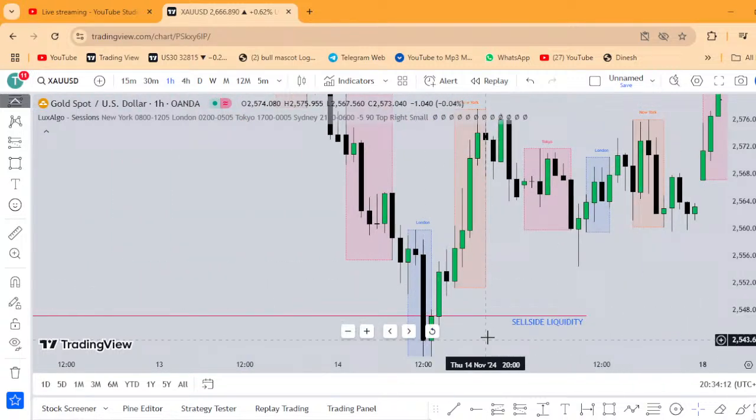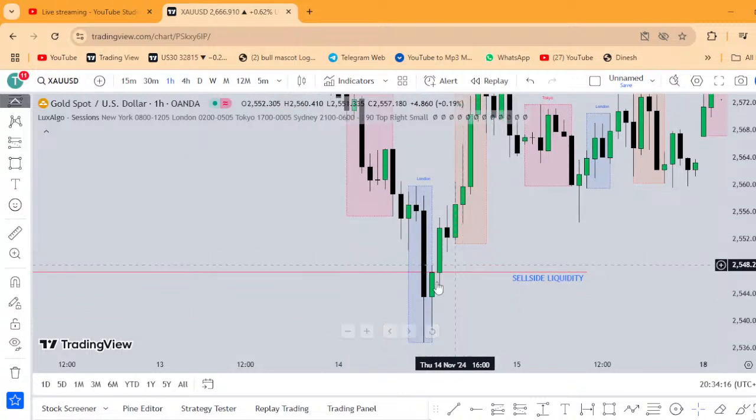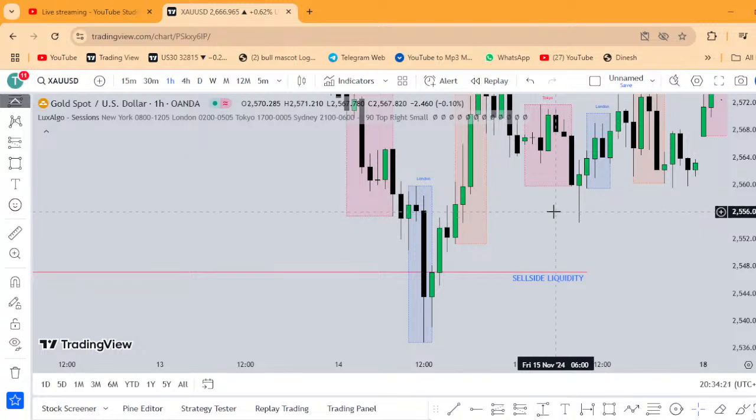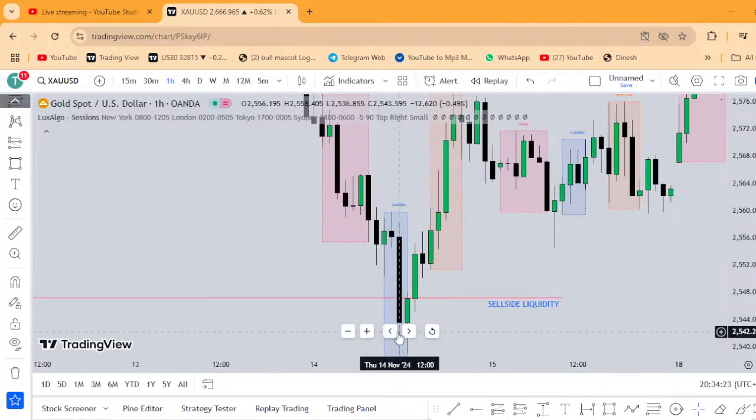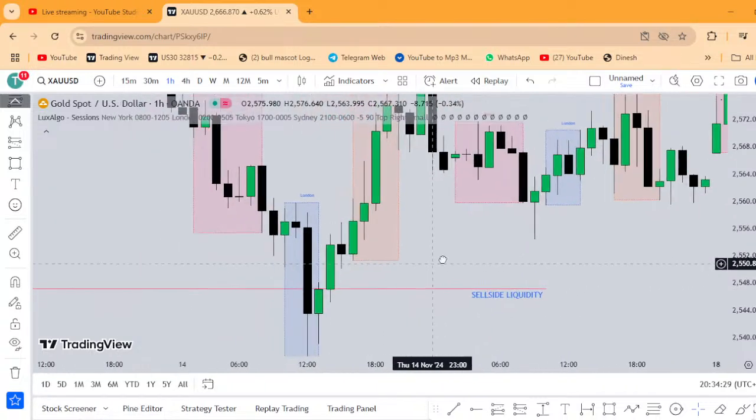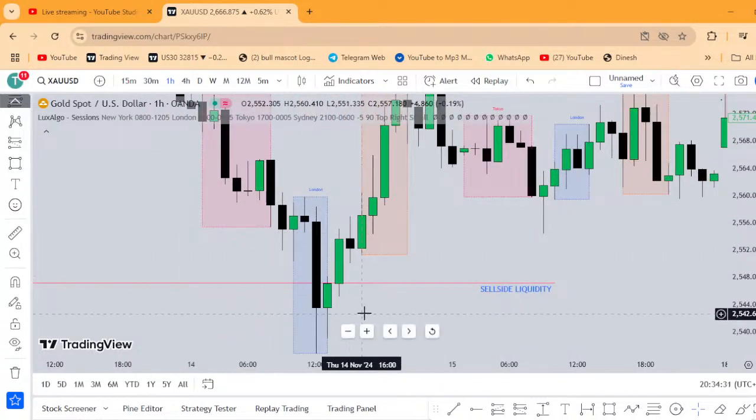So price taps into the sell side liquidity and begins to push to the upside. Now, in a lower time frame, you're going to get an entry here, but then consistency, you should be very careful, especially if this kill zone is coming to an end. See, the kill zone, which is the London session, is coming to an end. So you want to avoid taking trades outside the kill zone. So the kill zone is coming to an end, price reversal closes.